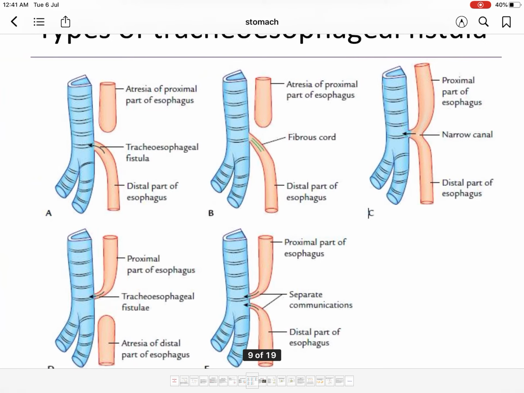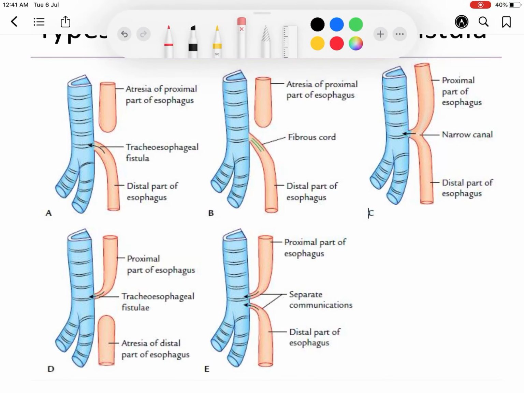Now types of tracheoesophageal fistula. Type 1, which is the most common type, in which the upper or proximal part of the esophagus has atresia, and the lower end of the esophagus is connected with the trachea. In the second, the upper end is blind and the lower end is connected by a fibrous cord like structure.